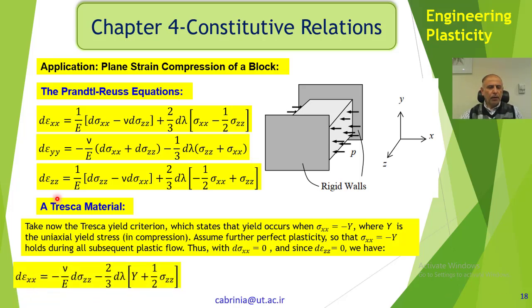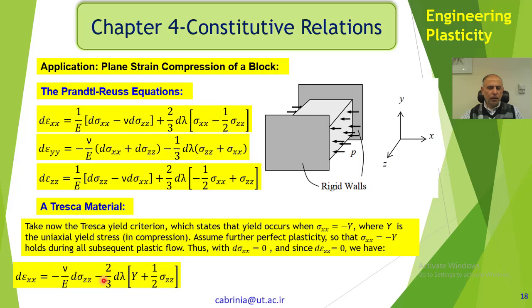Now in here, we substitute for sigma xx equal to minus Y. Therefore, d sigma xx equal to 0 because that's a constant. We have 1 over E times minus mu, so we get minus mu over E d sigma zz. And in here we have put minus Y, so if we bring out the minus sign, we get 2 over 3 d lambda Y plus 1 over 2 sigma zz.